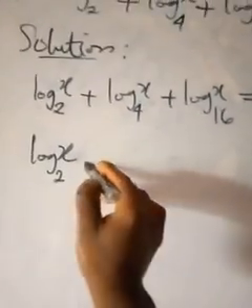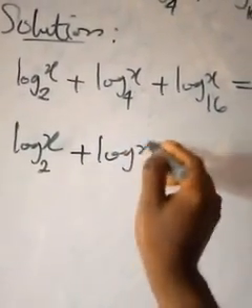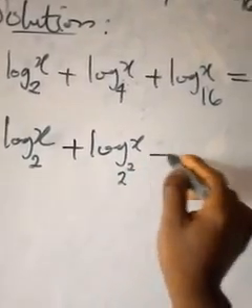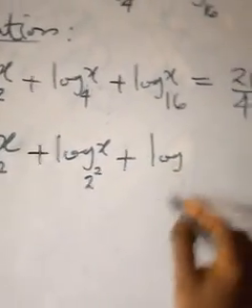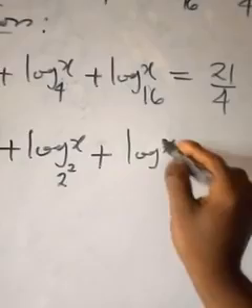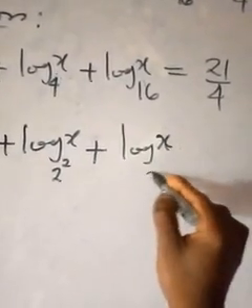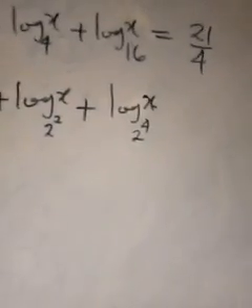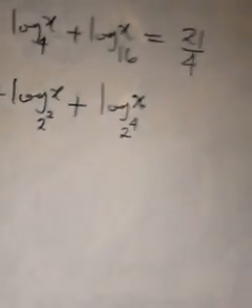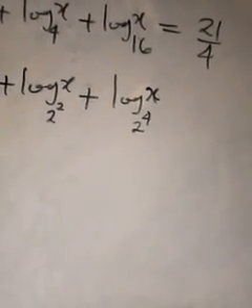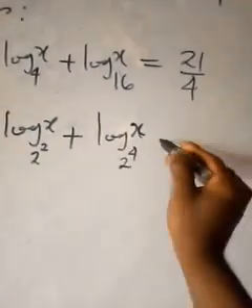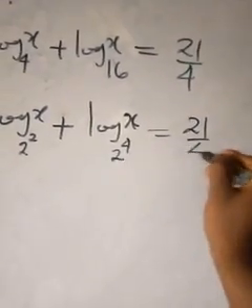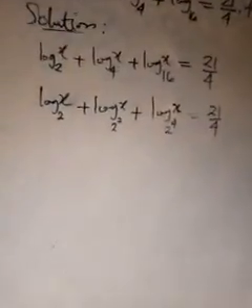We are changing everything to base 2. 4 is 2 raised to power 2, plus log s base 16, and 16 is 2 raised to power 4. You can use 4 raised to power 2, but at the end of the day, we are still going to take it to 2 raised to power 4. It is better we take it to 2 raised to power 4 because we are looking at base 2, equals 21 over 4. Let's continue.